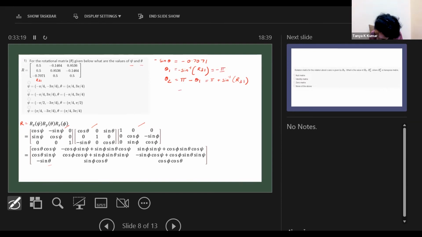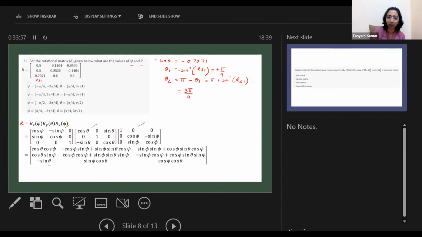Here what do you get? Pi plus pi by 4, which is 3 pi by 4. So there are two values we can obtain for the given sine theta: minus pi by 4 and plus pi by 4... and plus 3 pi by 4.